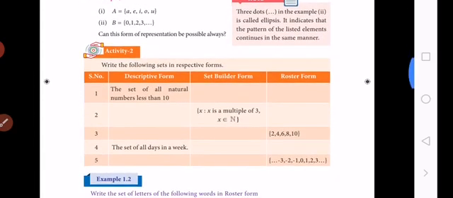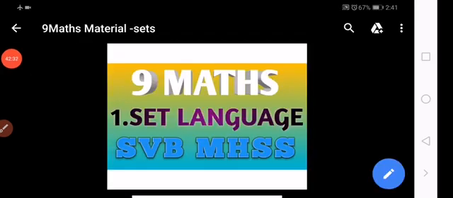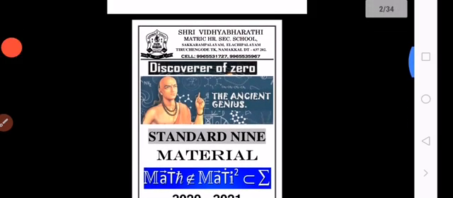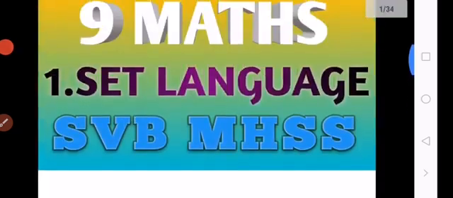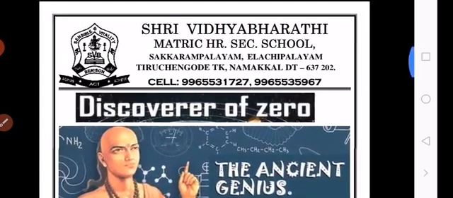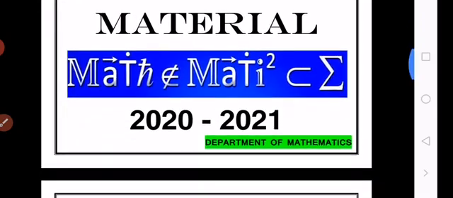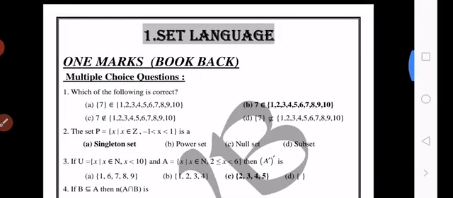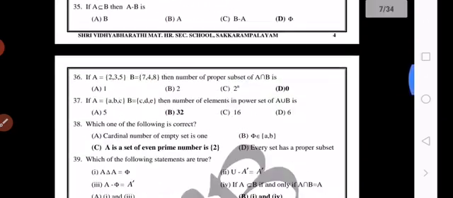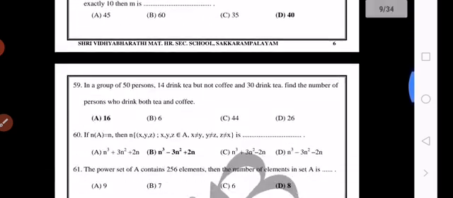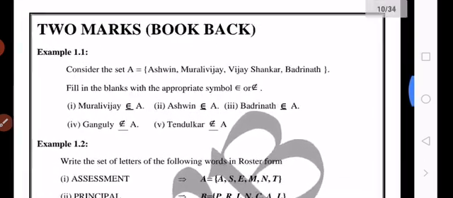Then after that we use the material for the answer. We check the answer for exercise 1.1. We have already prepared material for set language. First one, multiple choice questions, we will discuss later. So we come to the 2 mark, book back 2 mark.